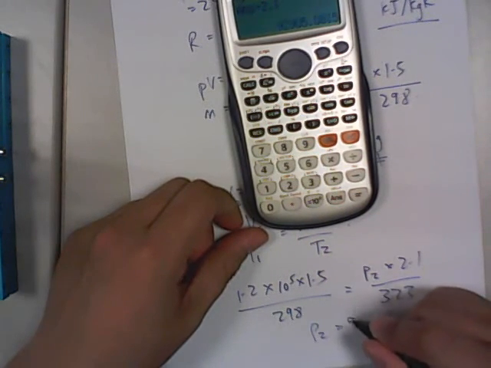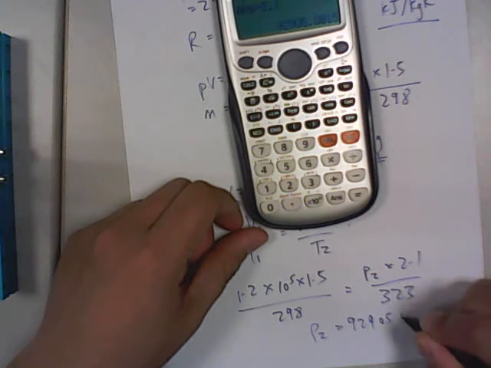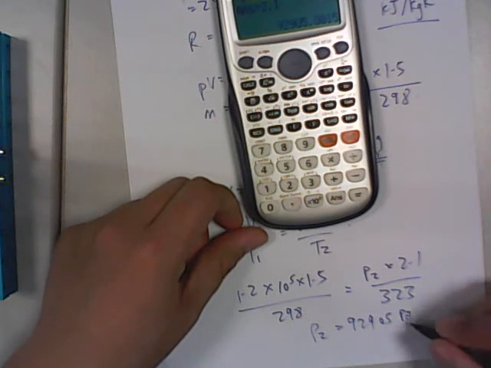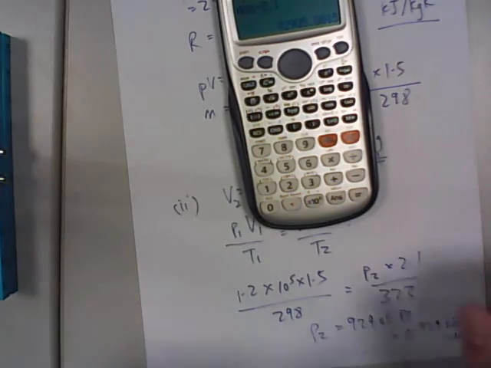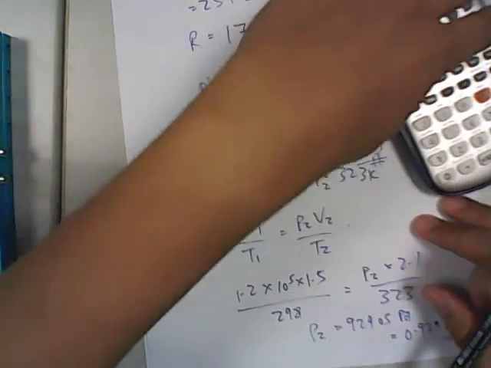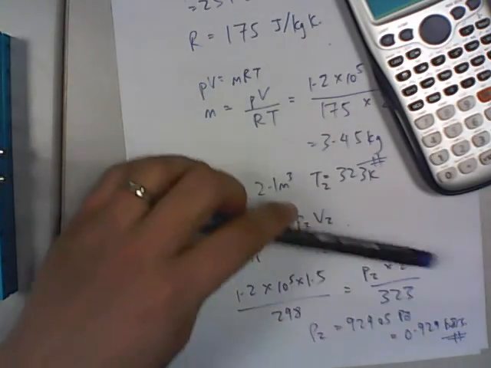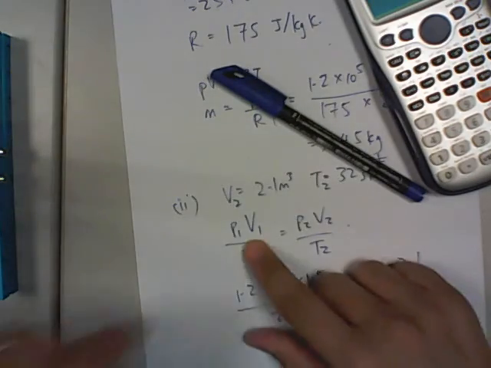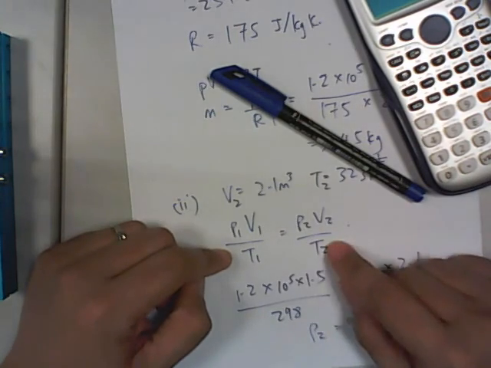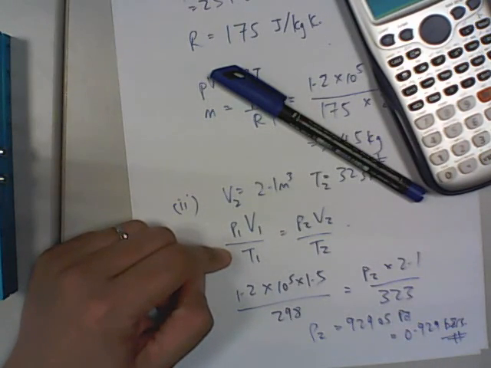So my pressure is 92905 Pascal, which is 0.929 bars. So this is how we can make use of the characteristic equation, P1 V1 over T1 equals P2 V2 over T2.